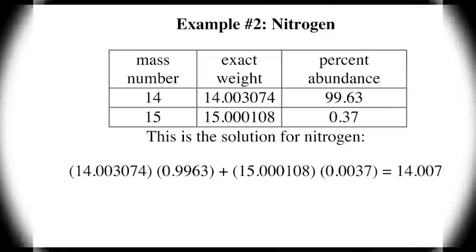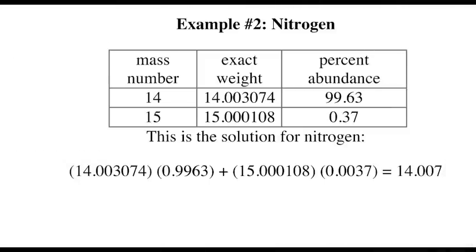So if you want to figure out the average atomic mass of nitrogen, first of all, you should know that nitrogen has two isotopes, nitrogen 14 and nitrogen 15. For nitrogen 14, the exact weight is 14.003074 and the percent abundance is 99.63%.